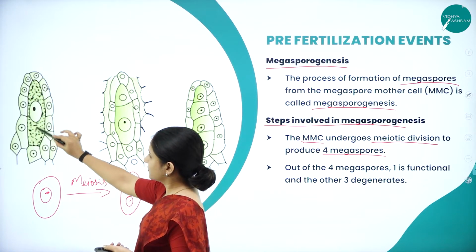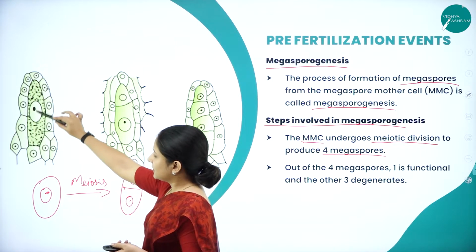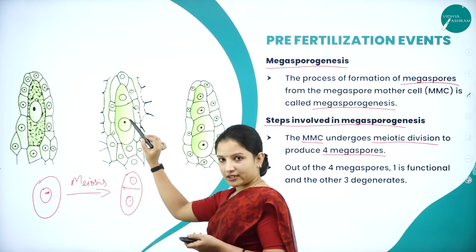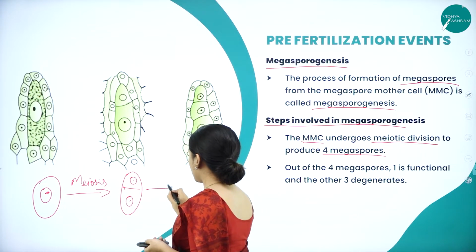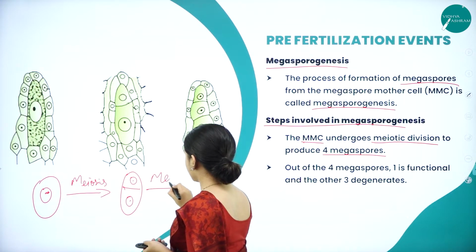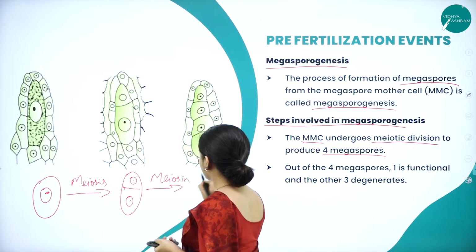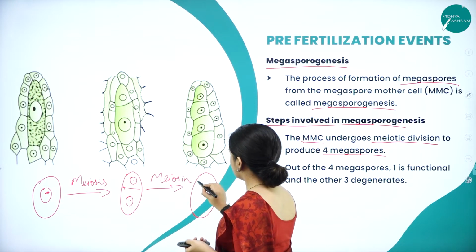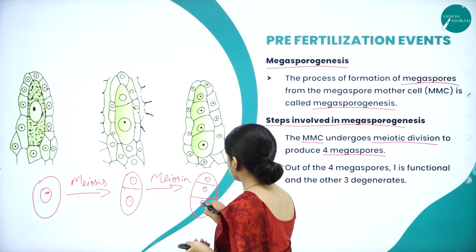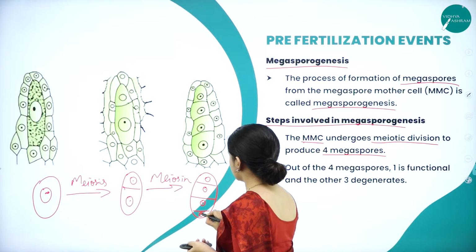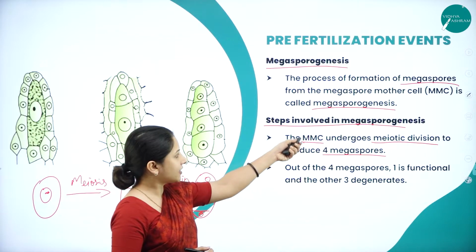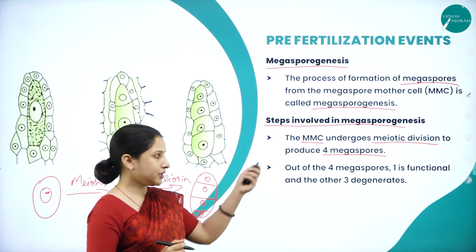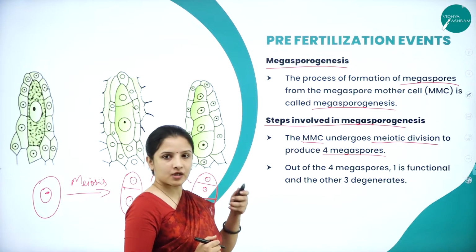One cell, which is the megaspore mother cell, will undergo meiosis or reduction division to produce 2 cells, and again it will undergo one more meiotic division to produce 4 cells having its own nucleus. So the megaspore mother cell undergoes meiotic division to produce 4 megaspores.